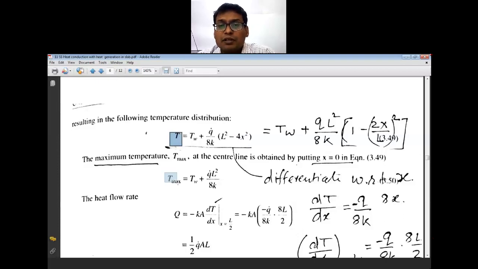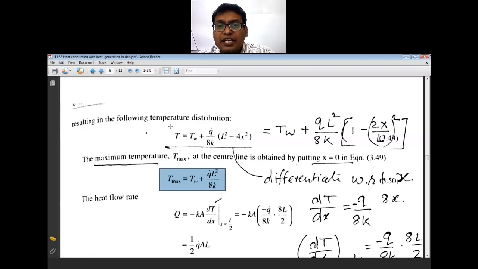So T maximum becomes equal to Tw plus the x term, which becomes 0. So what remains? q dot L square upon 8k. This is the maximum temperature at the center, calculated using this equation.